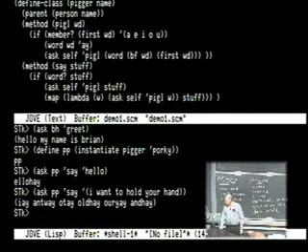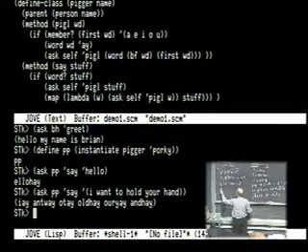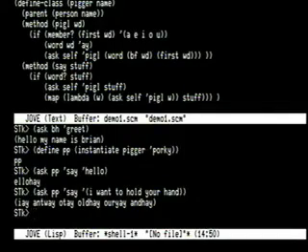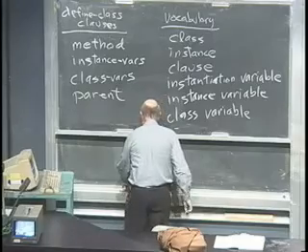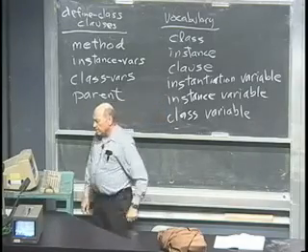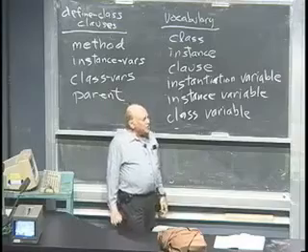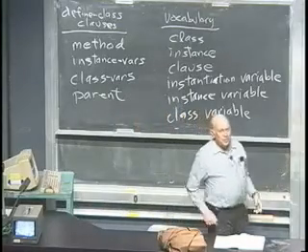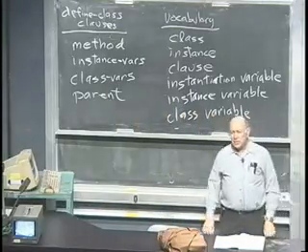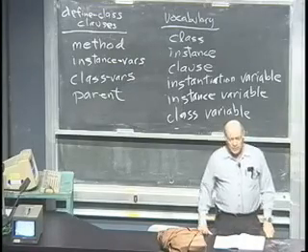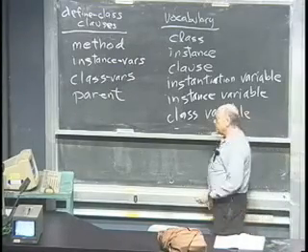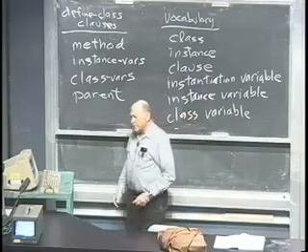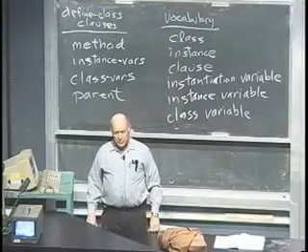Now, notice that those are the only two methods in the definition of pigger. But there's something else. There's another kind of class, parent. So this has to do with inheritance, which is the third of the big features that I told you we needed to do object-oriented programming. The way inheritance works in our system is by the technique of delegation. It's a little different from some other languages.